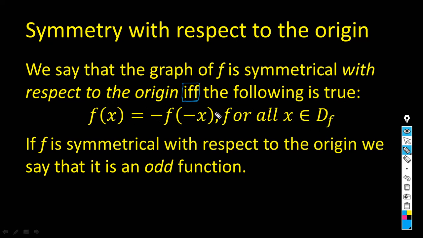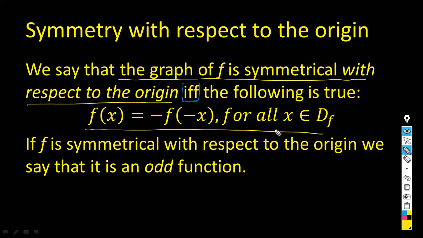What does that mean? It means that this statement, the graph of f is symmetrical with respect to the origin, implies this other statement. And also backwards. If you know that this statement is true, then the first statement is true.